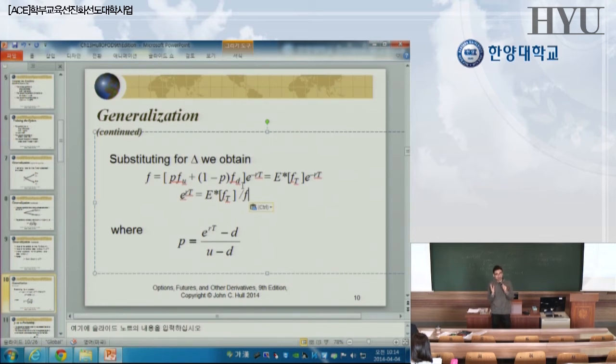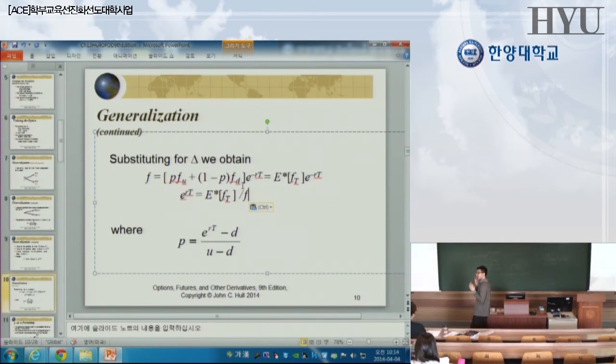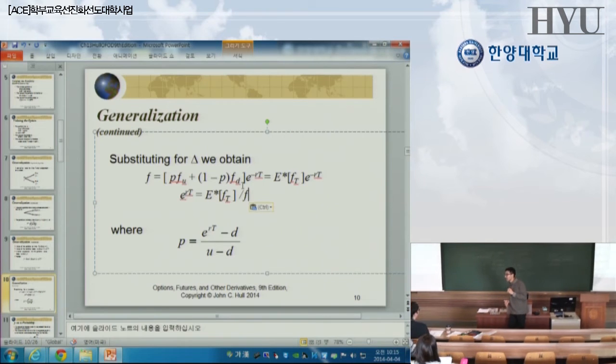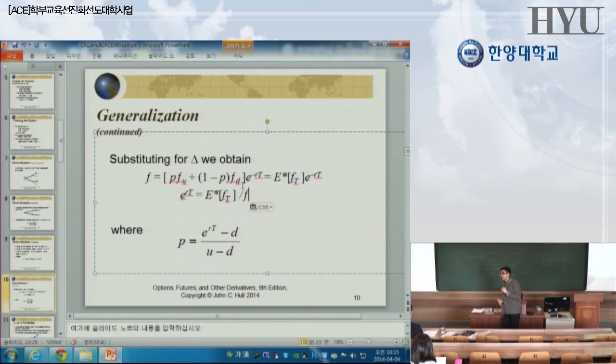Then in that hypothetical imaginary world, we calculate the expected price of an asset, right? And once we get the expected price, we discount it with the risk-free rate. We have to discount it with the risk-free rate because no one cares about risk, right? And then we can get the derivative price, right?